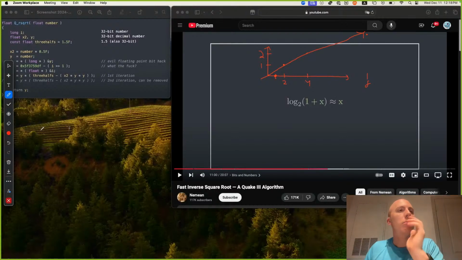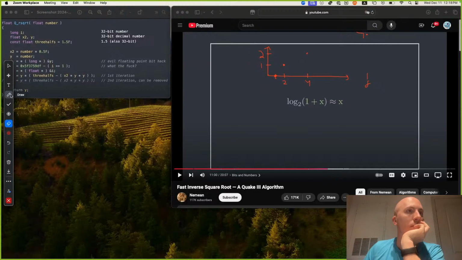Oh, wait. But you can't have negative values though. Log base 2 of 0.5 is going to be -1. Log base 2 of 0.25 is -2.